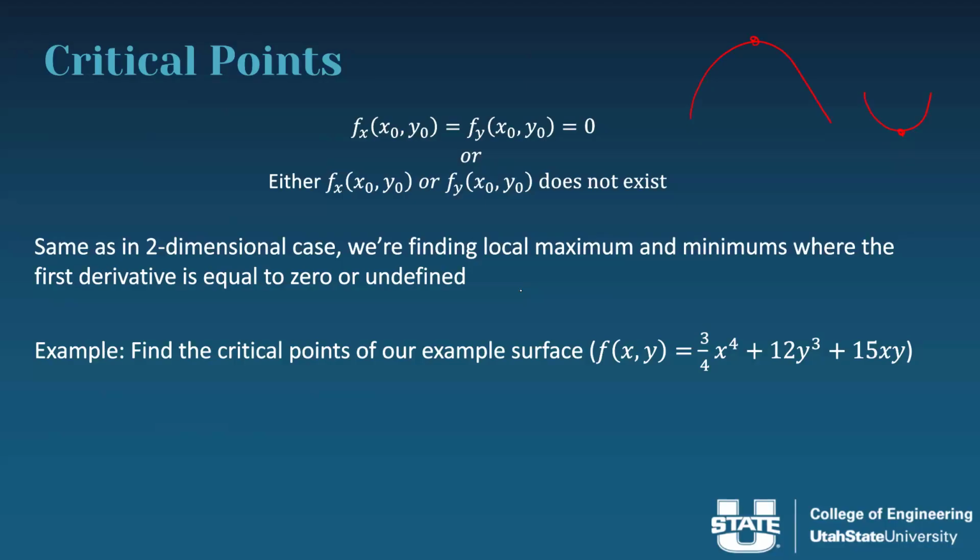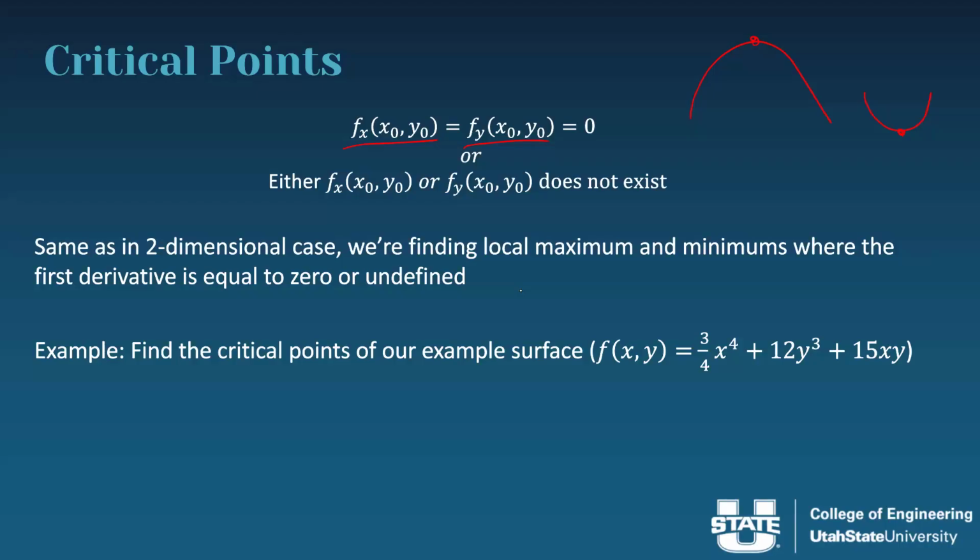We just have to know that both the partial with respect to x and the partial with respect to y are equal to 0 instead of just one of them. There is an "or" case where one of them doesn't exist, but those are special cases, more discontinuities than maximums or minimums.